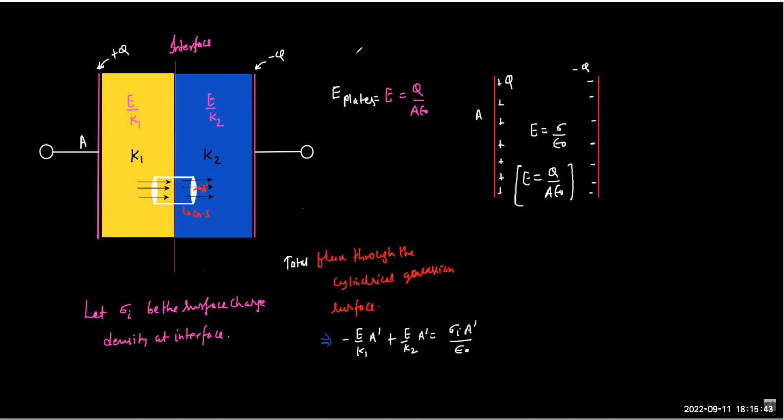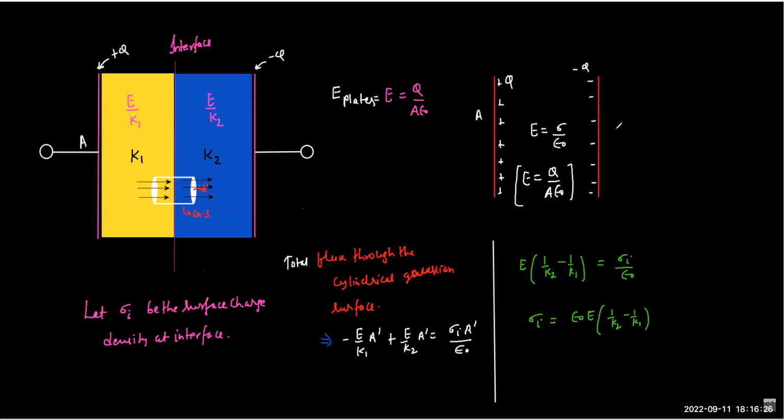And therefore, E into 1 by K2, so the interface surface charge density will be epsilon naught into E into 1 by K2 minus 1 by K1.